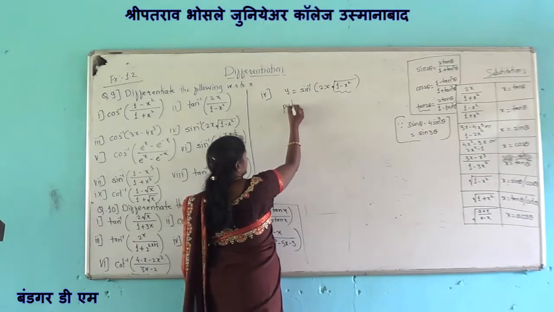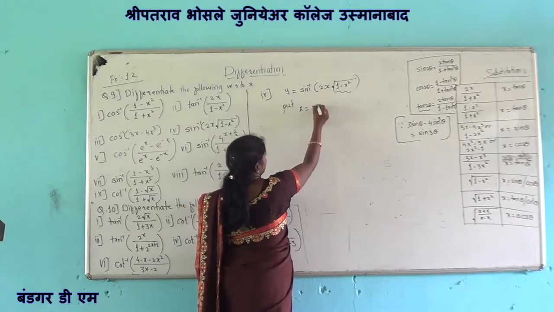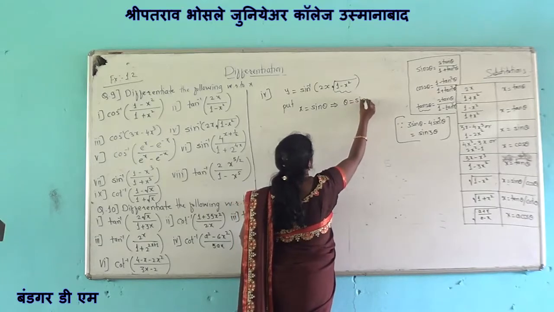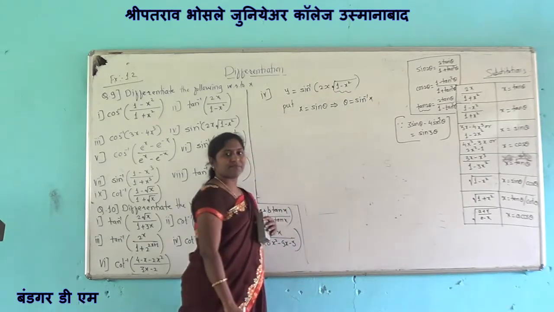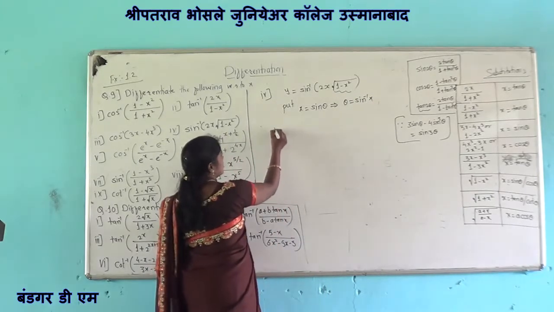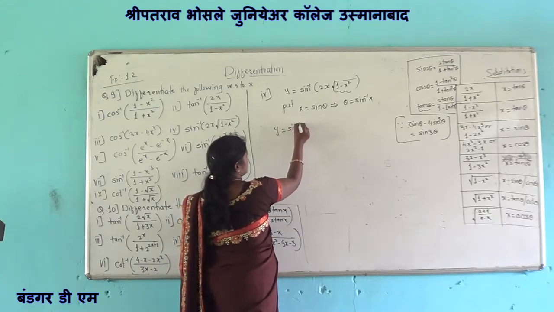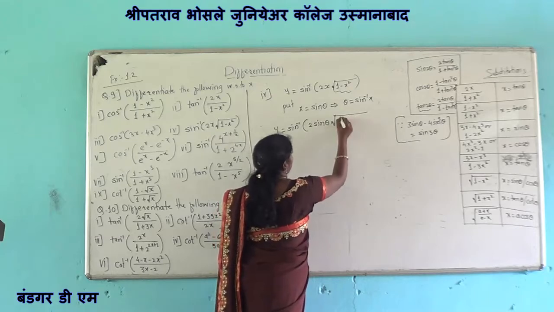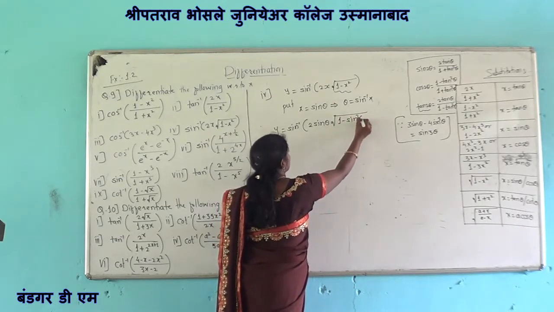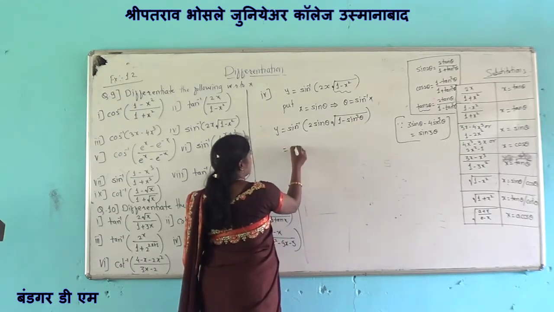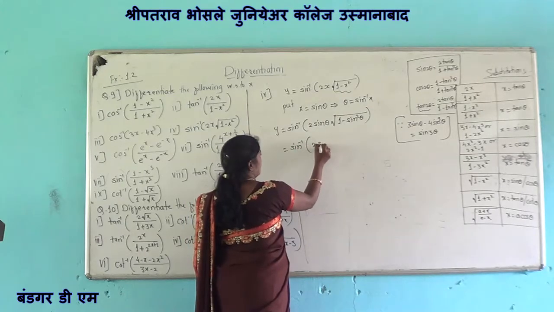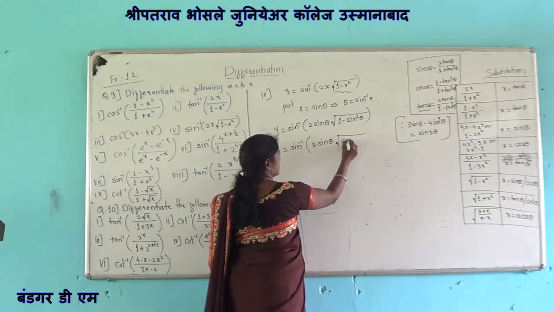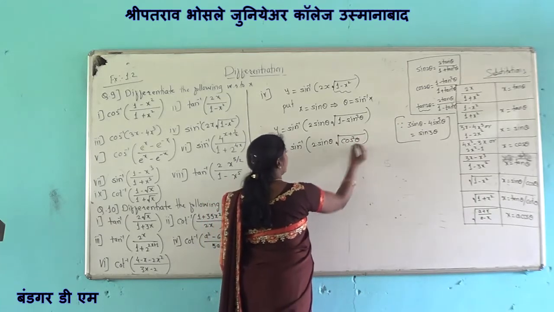So we substitute x by sin theta, which implies theta is equal to sin inverse x. So y is equal to sin inverse of 2 sin theta into under root of 1 minus sin square theta, and 1 minus sin square theta is cos square theta.